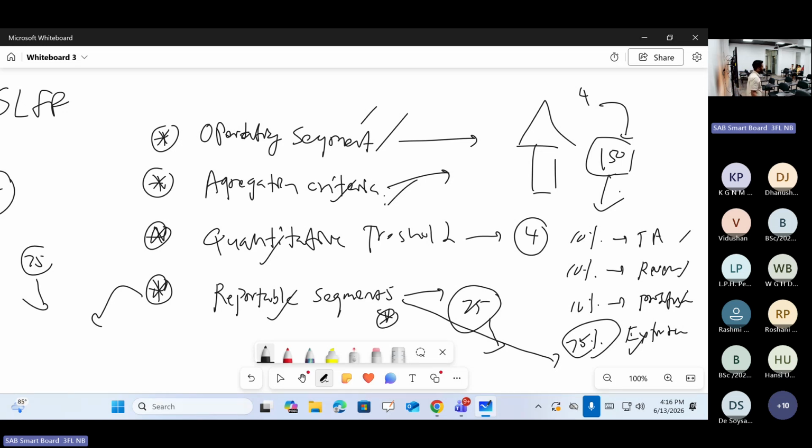So how are we going to tally with the total revenue? You need to have one other column. That's the other column. We have 75 segments, and whatever the small segments are, we collate them into an other segment and the total tallies with the income statement.